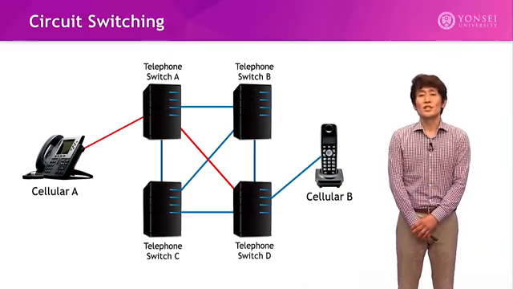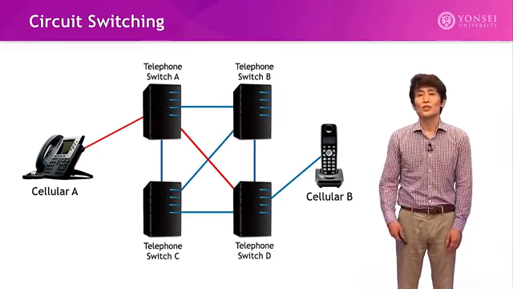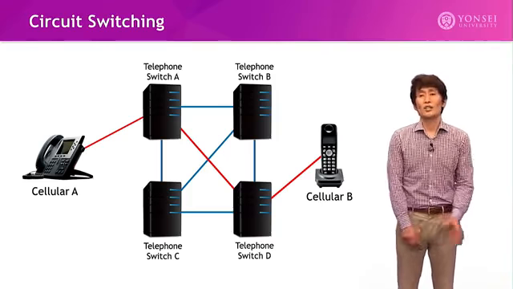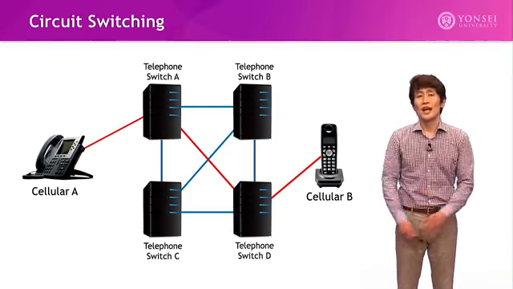Then the switch D will connect to the cellular user B. This is how you are connected from your phone to another side of the area to your friend.